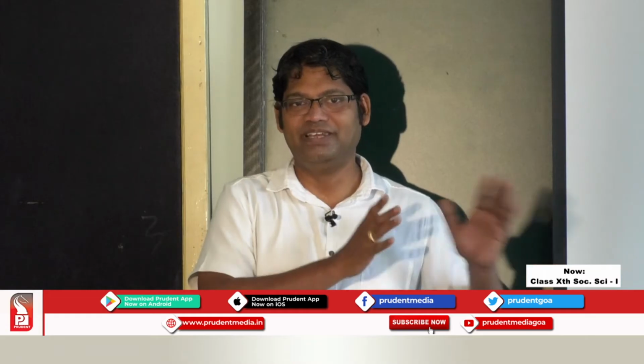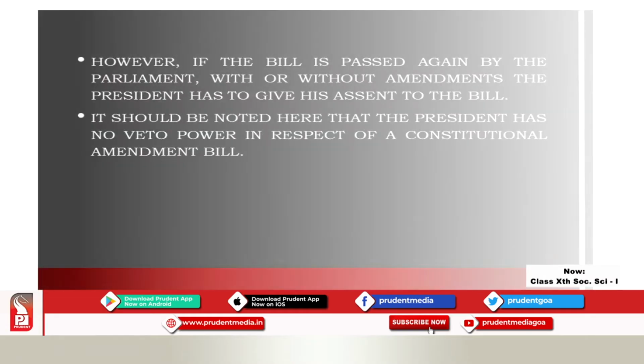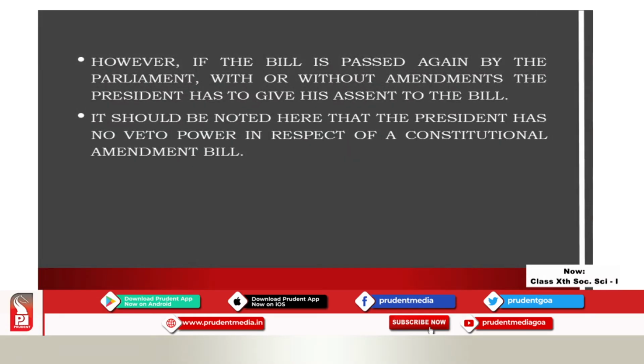Now, with regard to the Constitution, there are constitutional amendment bills. What are these? Some members of the Parliament suggest some changes in the Constitution. There are certain articles in the Constitution which need to be changed.